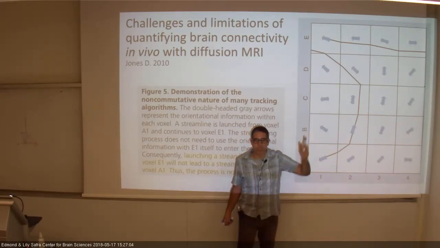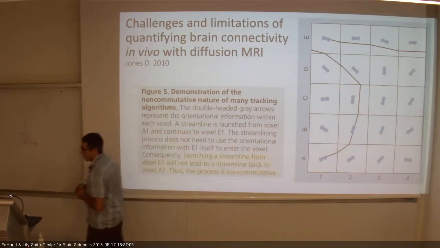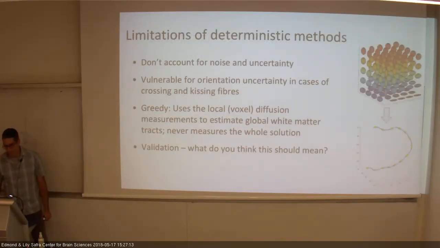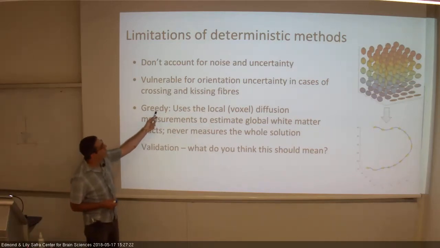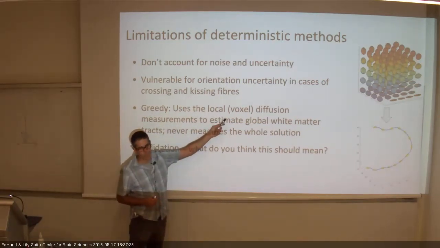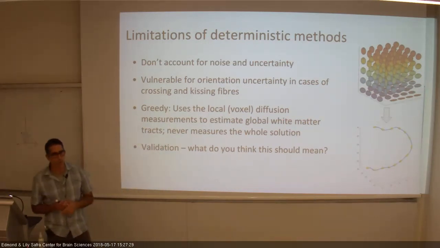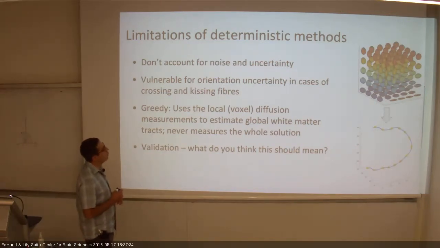We're giving a lot of weight to the local calculation. It becomes very greedy and uses local voxel information. So that's a feature or problem of the tractography algorithm as most people use it, and we don't use any global information in this approach.